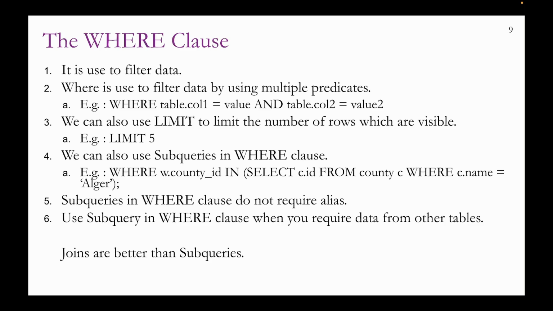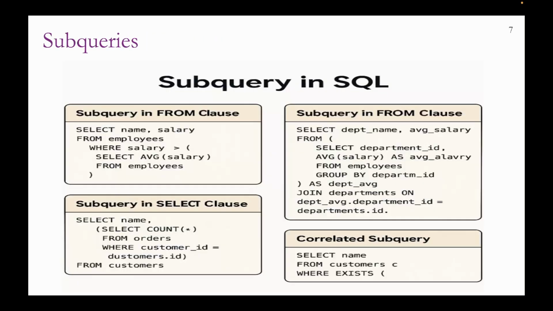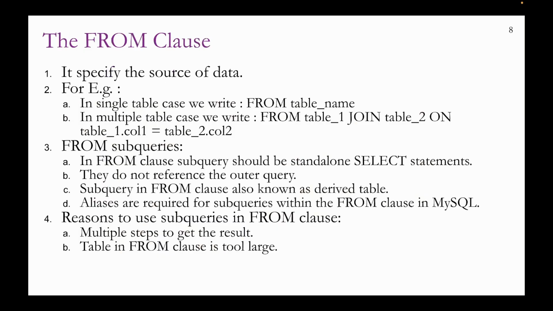One important thing to keep in mind is that subqueries in the where clause do not require an alias. As we see in this subquery, in the where clause, where salary is greater than select average salary from employees. We are giving a subquery and we should not give it any alias.